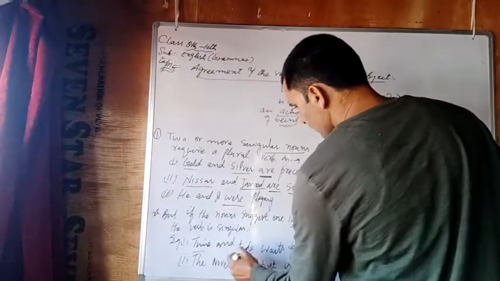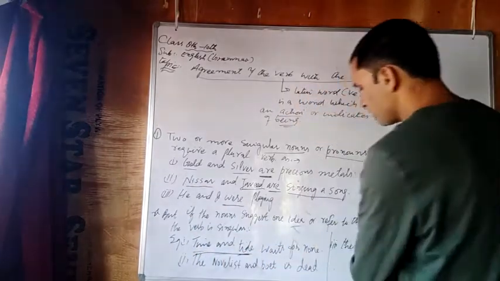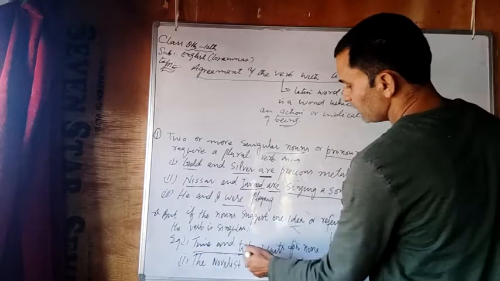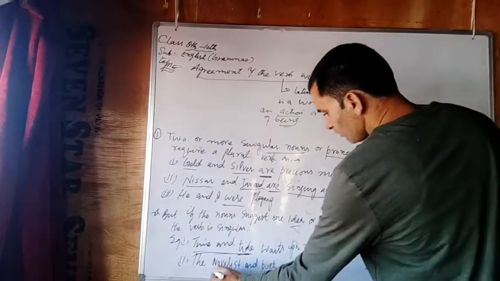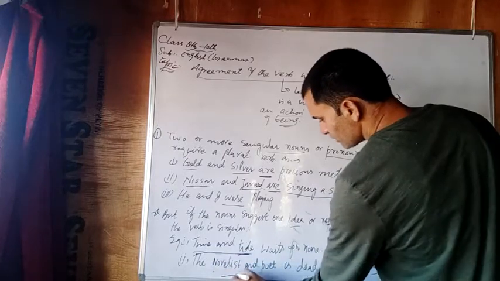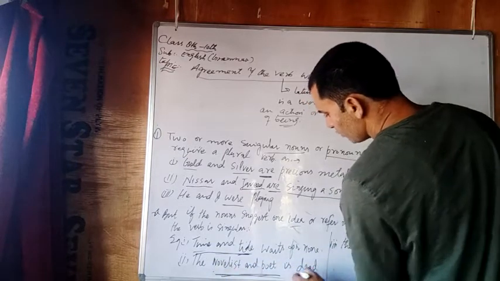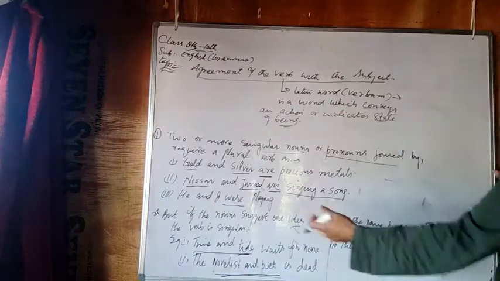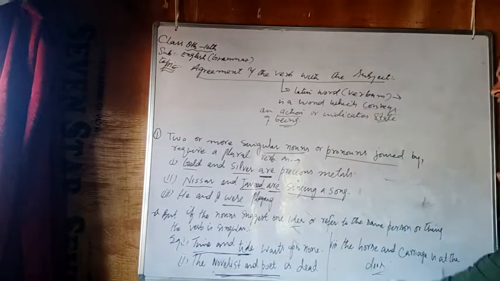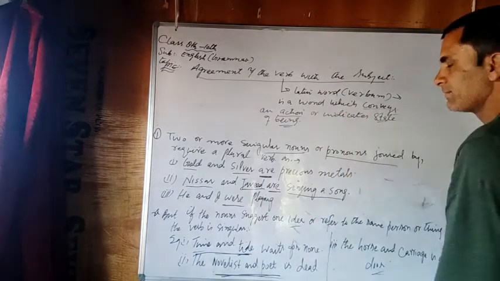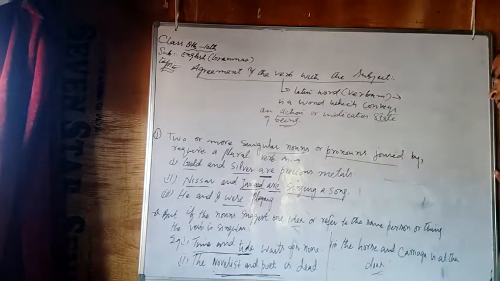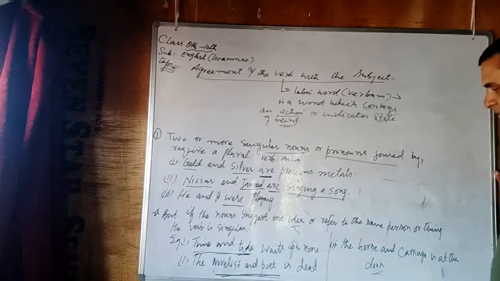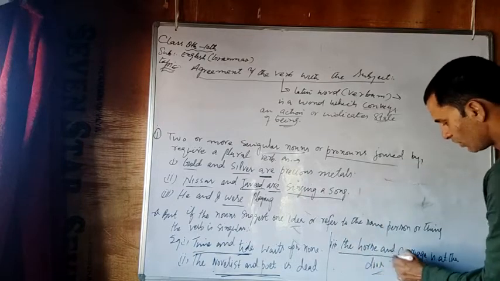For example, 'time and tide waits for none.' The idea is single. Or, 'the novelist and poet is dead.' The person is a novelist and also a poet, so the person is one. Another example: the horse and carriage.